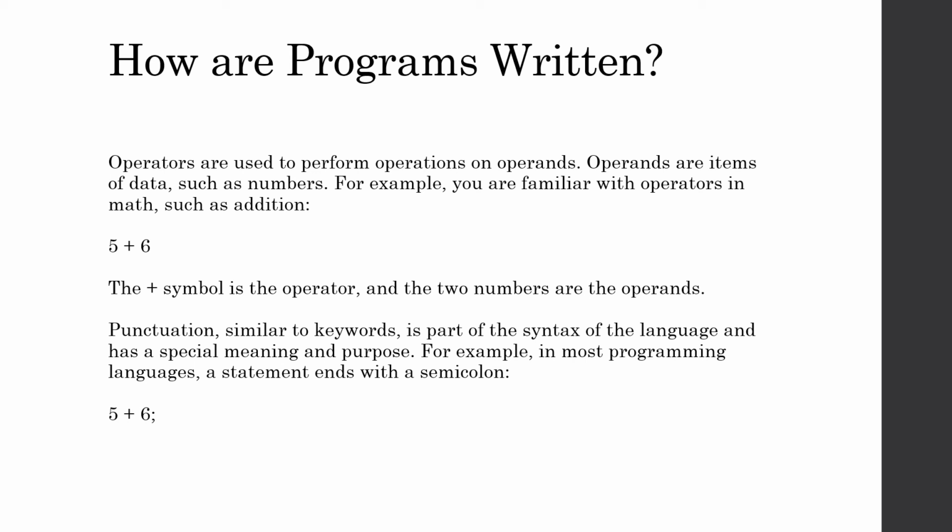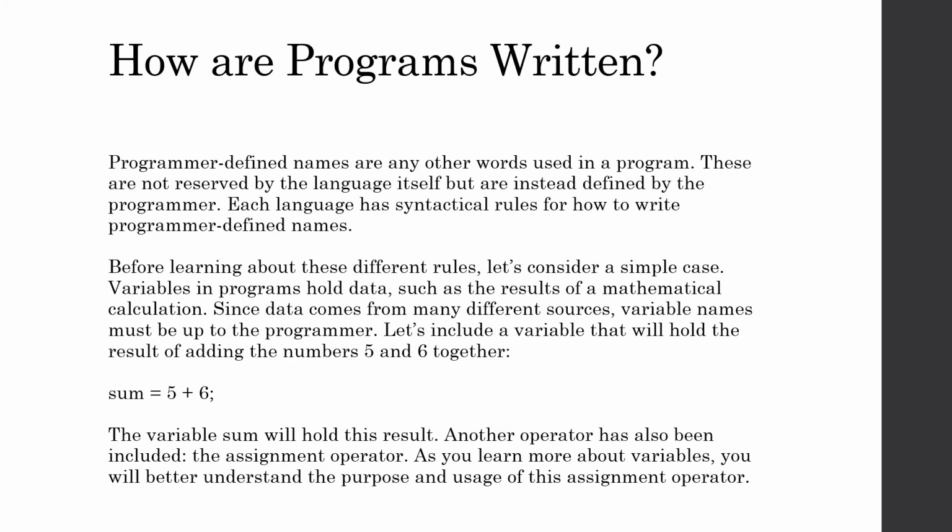In much the same way that you would end a sentence in most spoken and written languages with a period, all of the statements in Java will end with a semicolon. So we've added that here with 5 plus 6, and then that semicolon to show that that's the end of that statement. But I will note that what we've shown right here is not actually a complete statement. There's a little bit extra that we need to add to it.